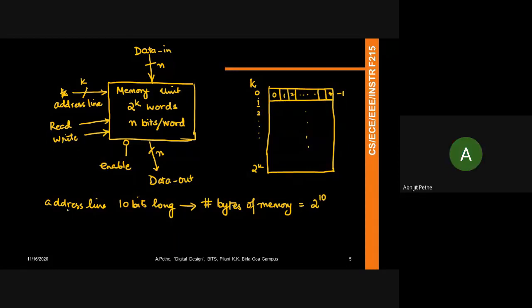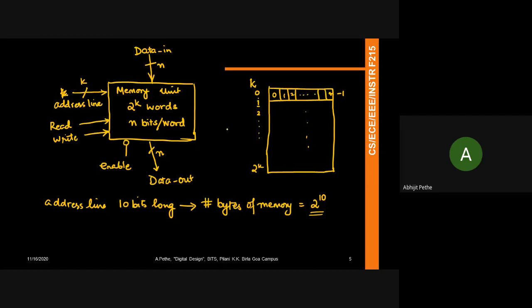Yes, good, right? So if my address line is 10 bits long, then I know I can access 1024 individual combinations of the address lines, right? So I can store up to 1024 bytes. Is that clear?